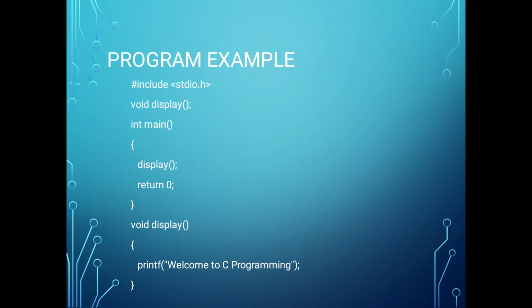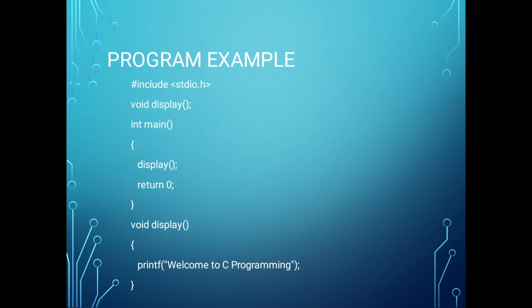Now in our main function we have called it. When our program starts, our control will go to display. Here display is being called, so it will look for where display is defined.